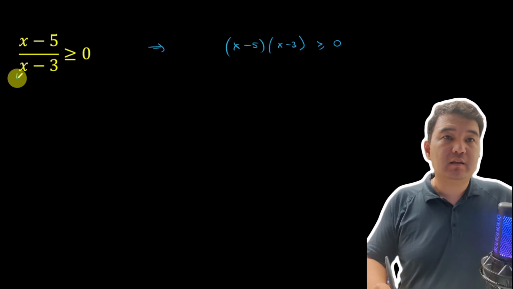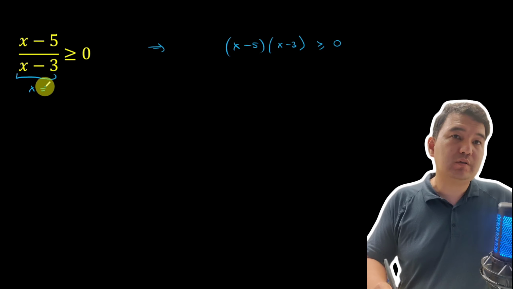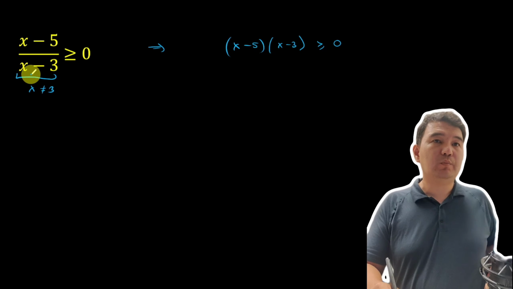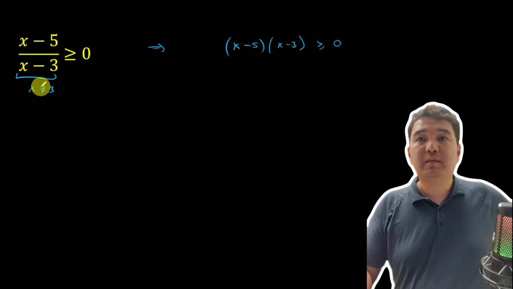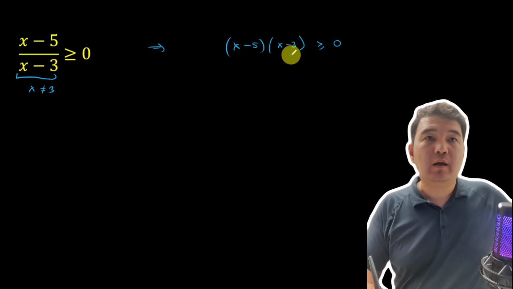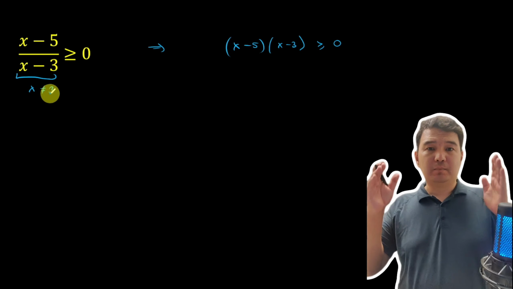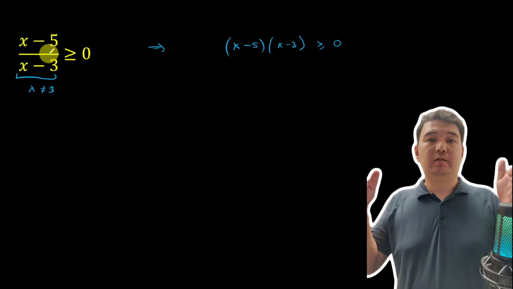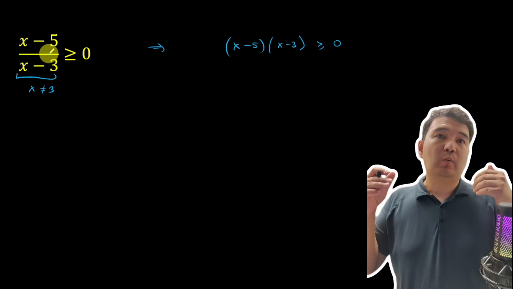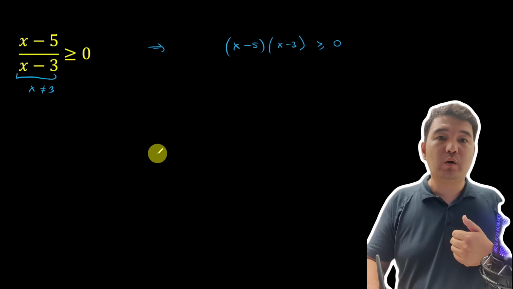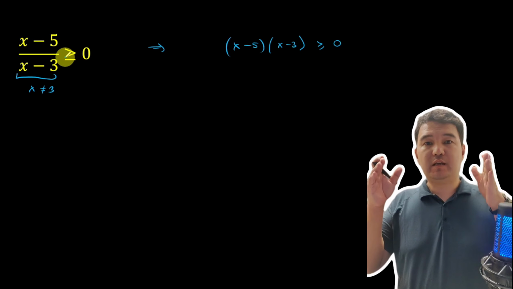This function cannot be equal to 3 because if it's 3 you would be dividing by 0, but this one could be equal to 3. So in this one we are excluding x equal to 3. These are completely different functions, but when it's an inequality they will give you the same result.